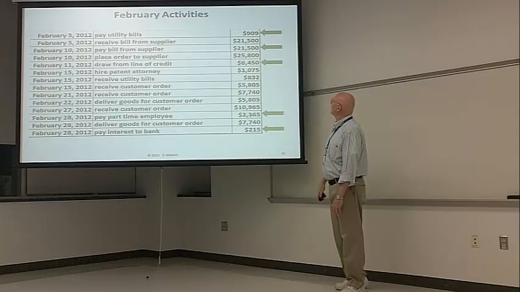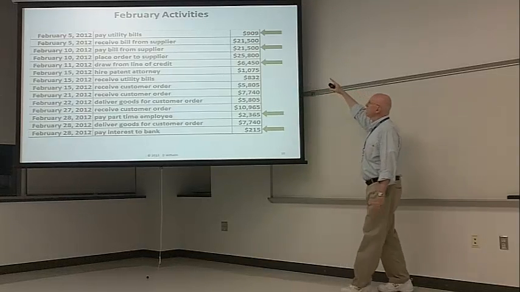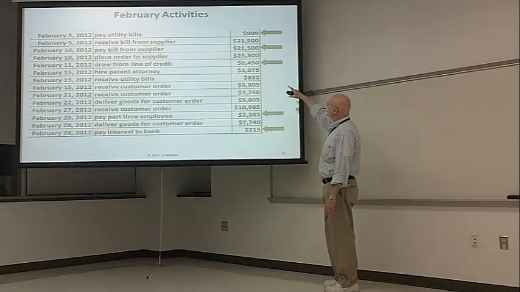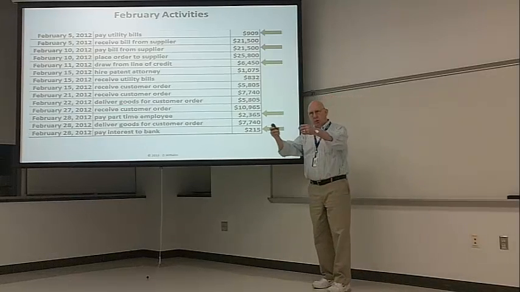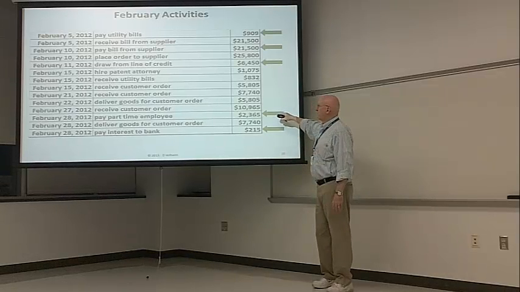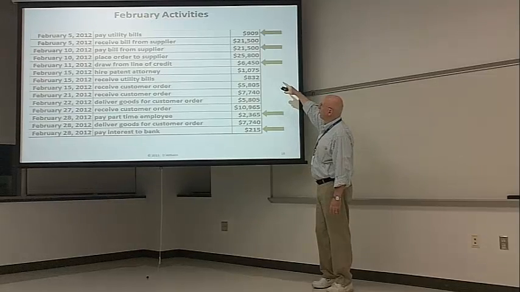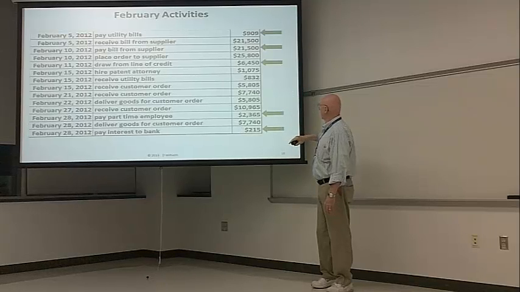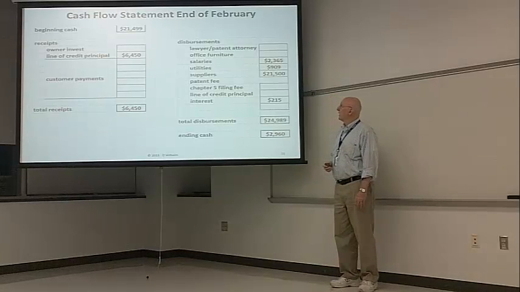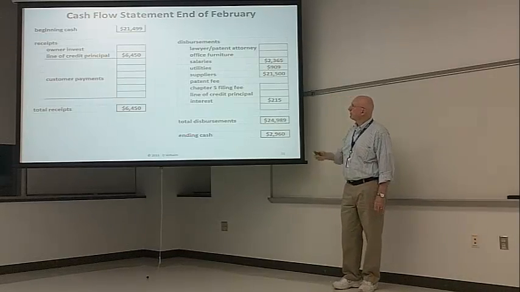February activities: pay utility bills, pay bill from supplier, draw from line of credit. That means we're pulling some cash in from the bank. Pay part-time employee and pay interest to the bank. They want some interest from that line of credit. And after February, our cash flow statement looks like this.